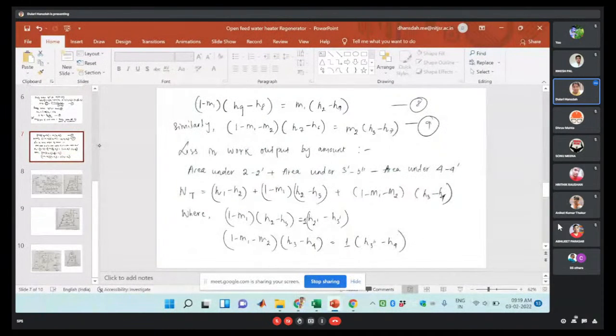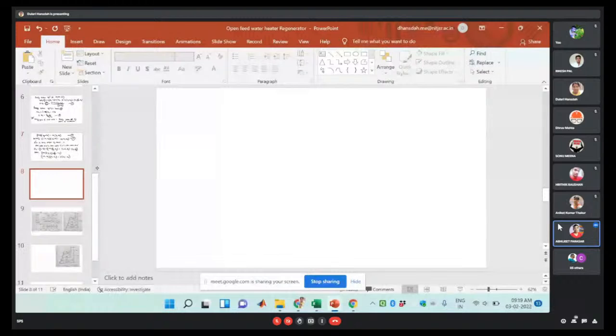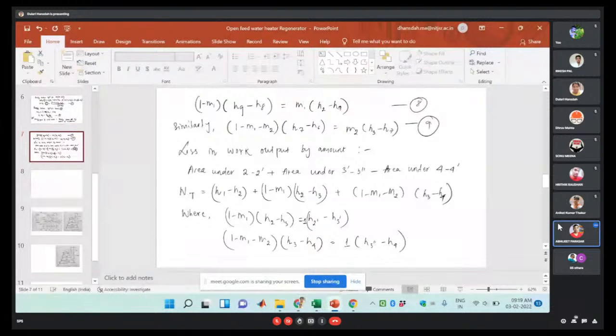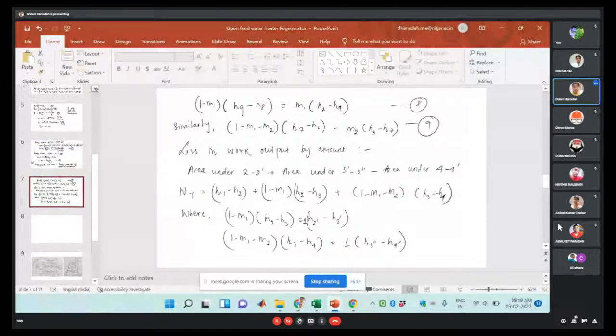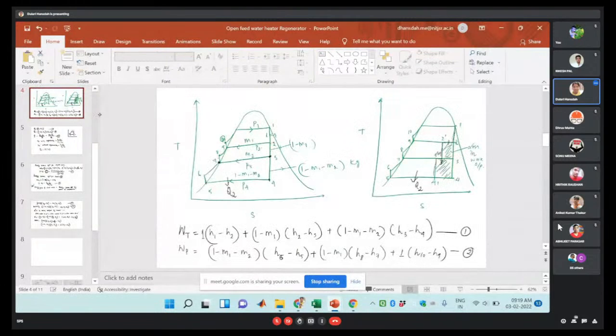Okay. So let us put these values in this equation. Yes, tell me please. मैम वो 4 डैश कर दीजिए, h3 डबल डैश माइनस h4 डैश. Yes, this will be the 4 dash, right?